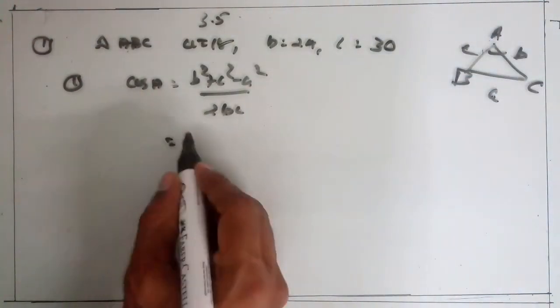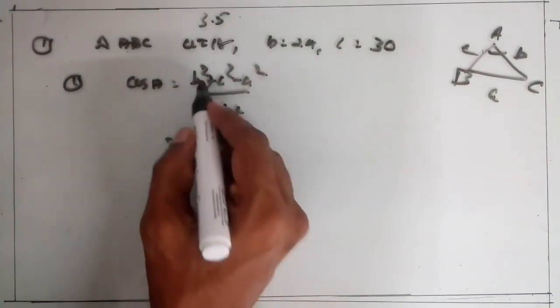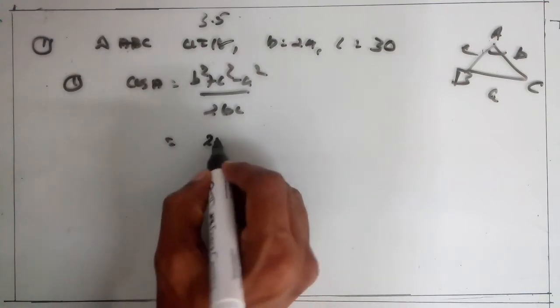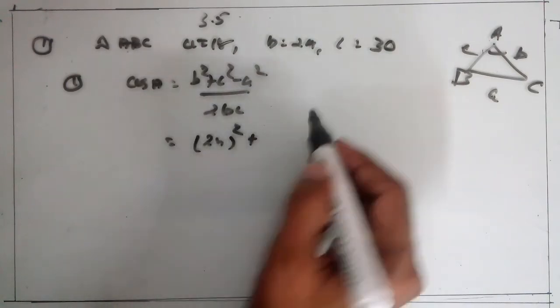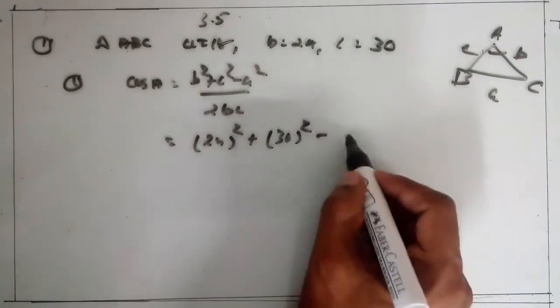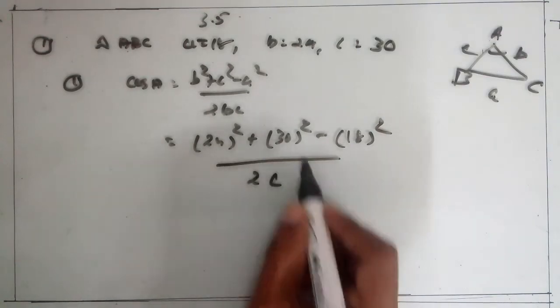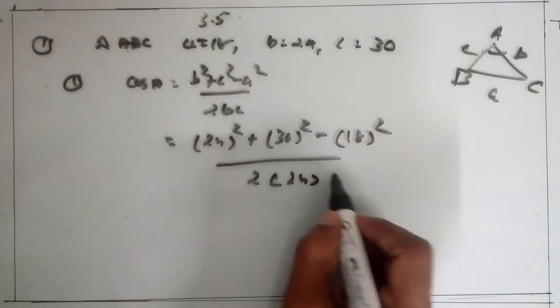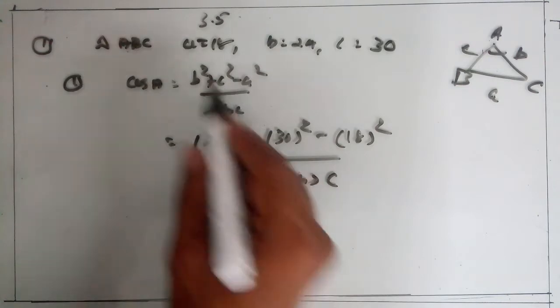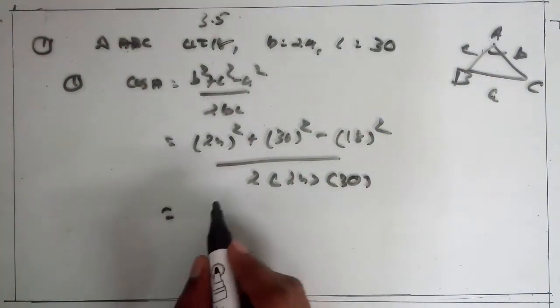Now replace a, b, c by their values: b is equal to 24 raised to 2 plus c is equal to 30 raised to 2 minus a is equal to 18 raised to 2 upon 2 times 24 times 30. Clear this? Now simplify this.